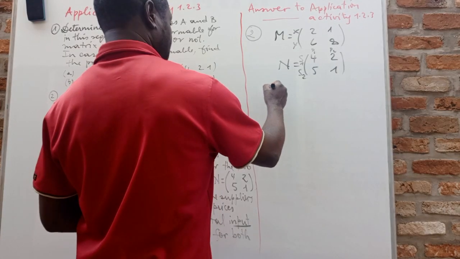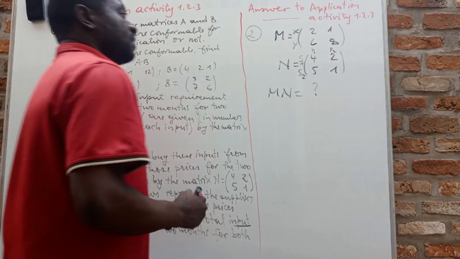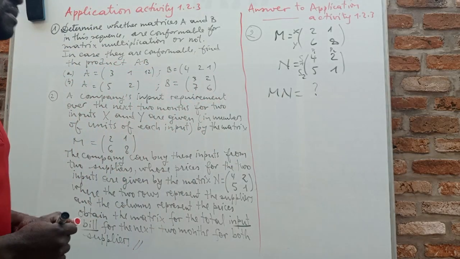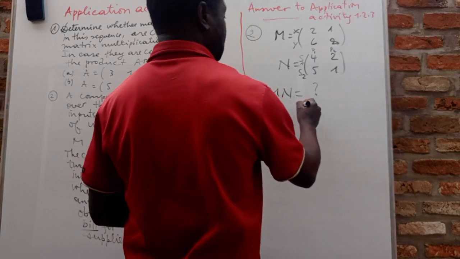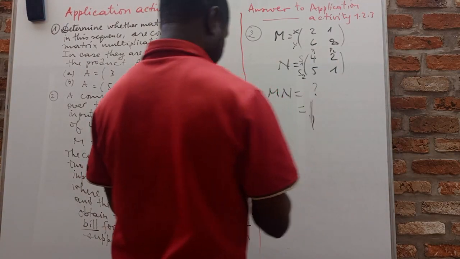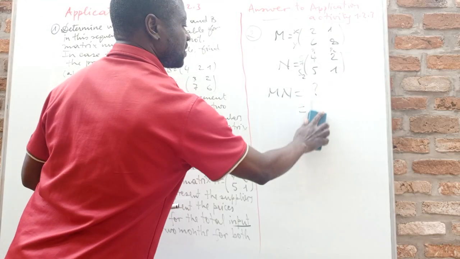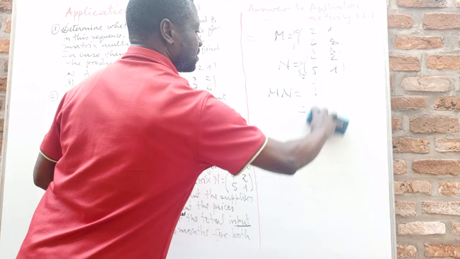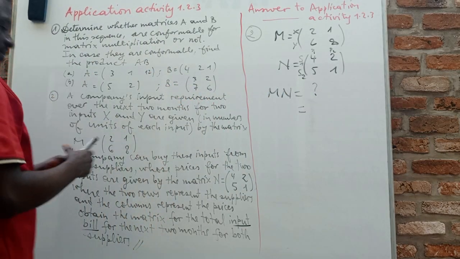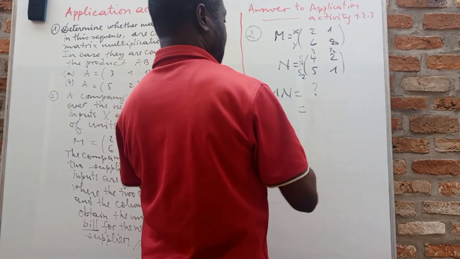So this will be the product M times N, and because the first one is 2 by 2 and the second one is 2 by 2, the product is possible. Let us use brackets, which are not curly brackets; usually curly brackets are used for sets.